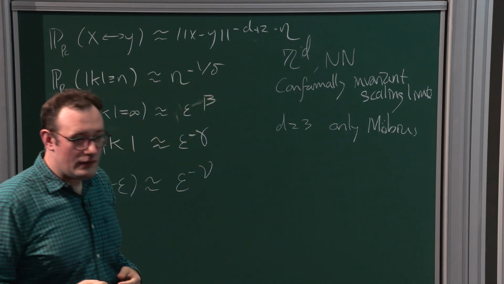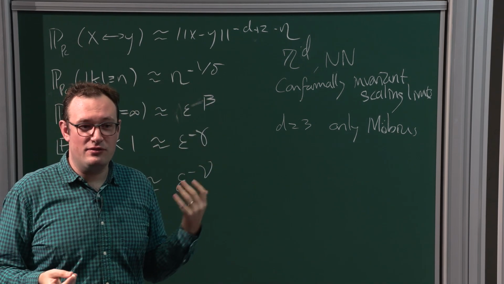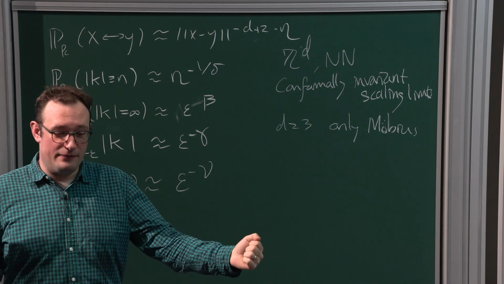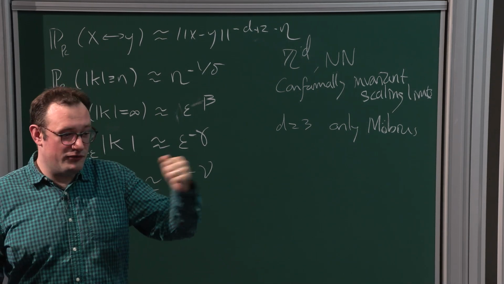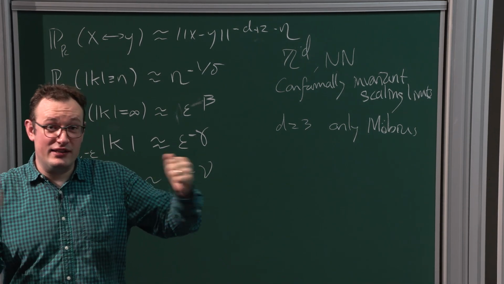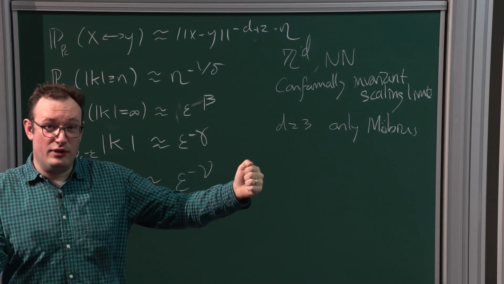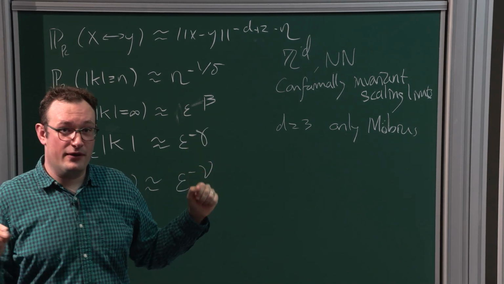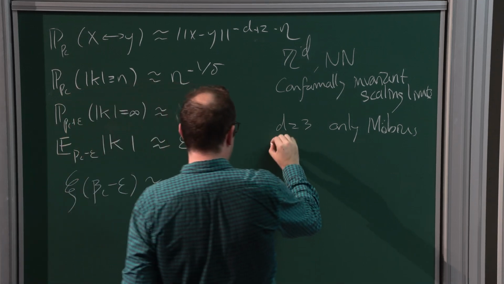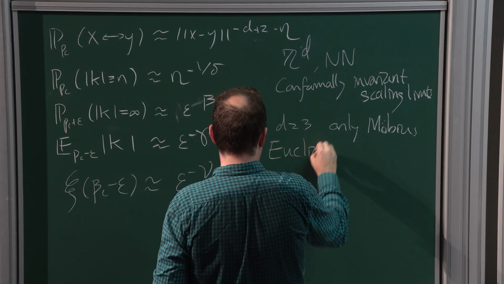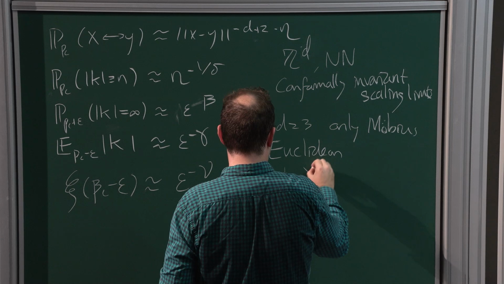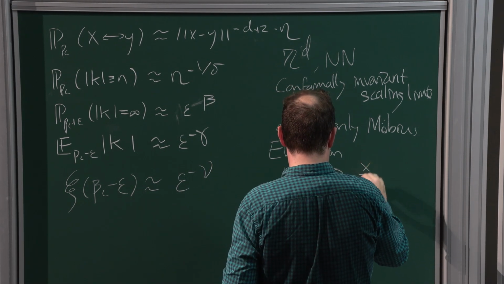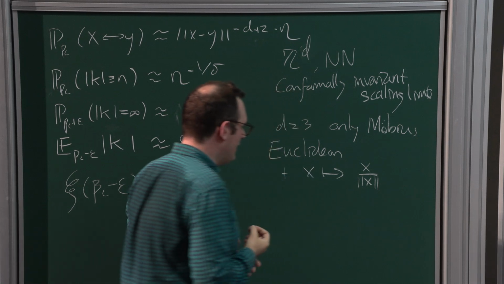Okay? And what does a Mobius transformation mean in d dimensions? Well, they're just the group of transformations generated by all the Euclidean transformations, so isometries plus dilation, plus inversion in the unit sphere. Okay, in other words, plus the map x goes to x over absolute value x squared.